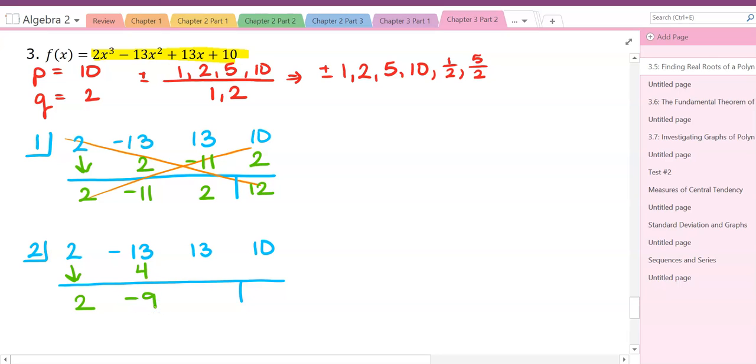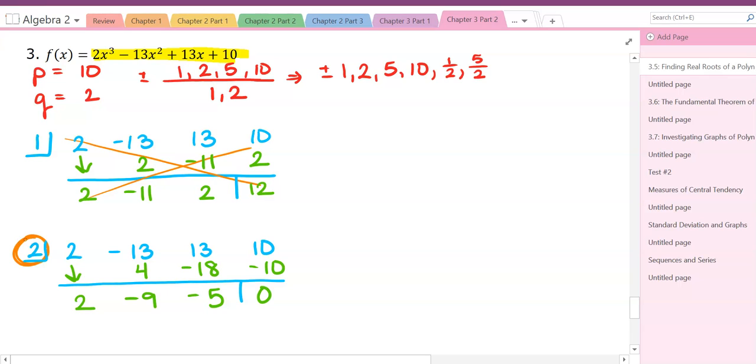Negative 9 times 2 is negative 18. Plus 13 is going to be what? Okay, and then times 2, I get negative 10. So that gives me a 0. So what does that mean about 2? That's one of my zeros.